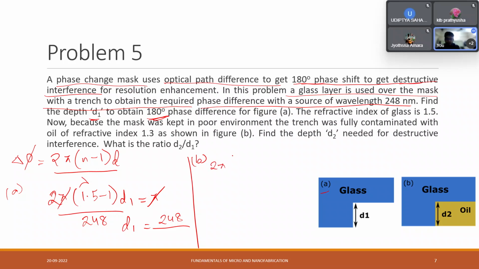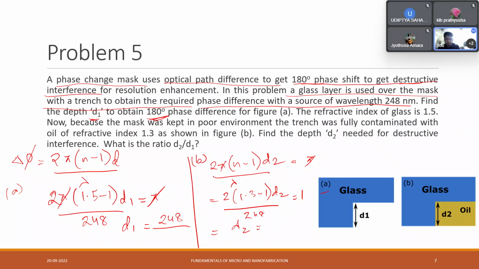So we put the same equation here, but the n would be different. 2 into pi into (n minus 1) d2 over 248, so d2 equal to 248 divided by (1.3 minus 1 is 0.3, into 2 is 0.6).